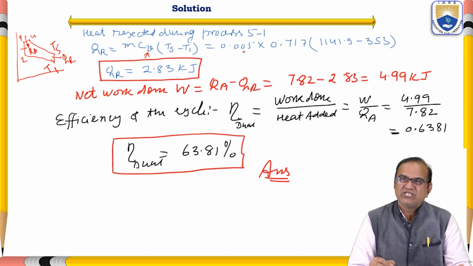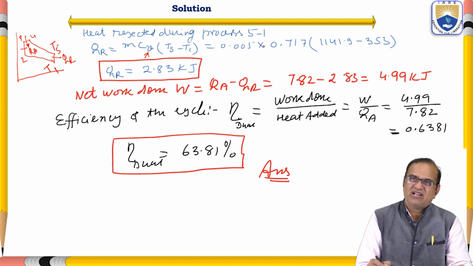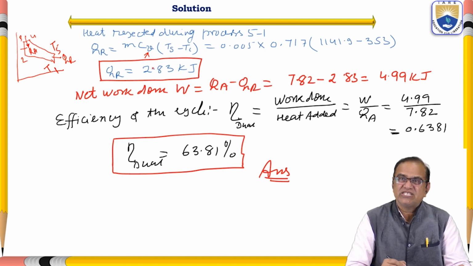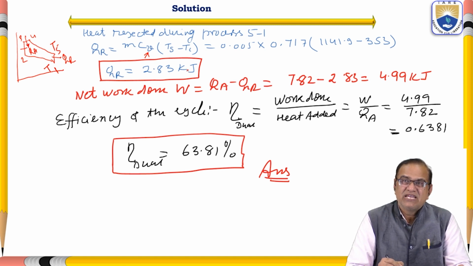M is given 0.005, CV is 0.717 and T5 is 1151.9 minus 353. If you calculate all these things, you will get the heat rejected is 2.83 kilojoule. This is the heat which is rejected.